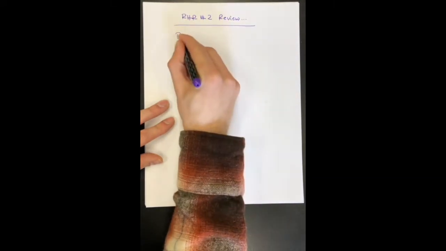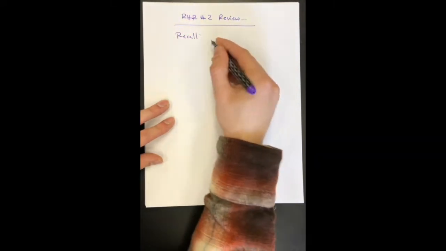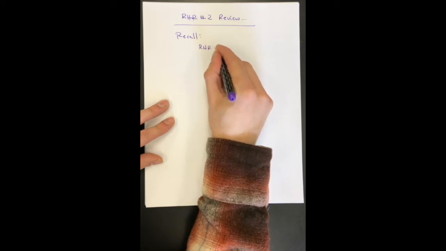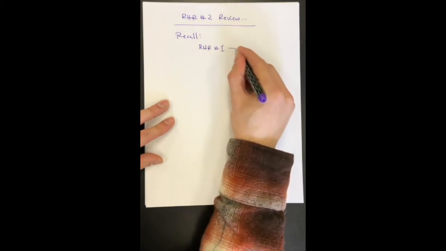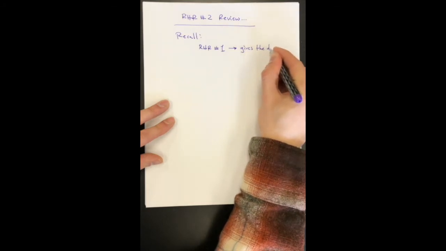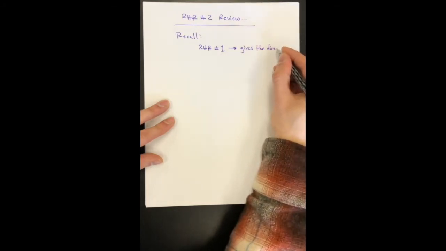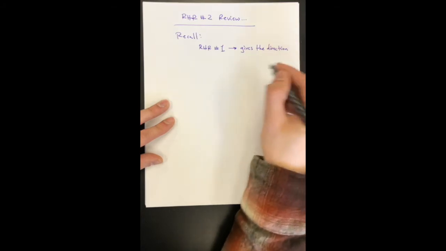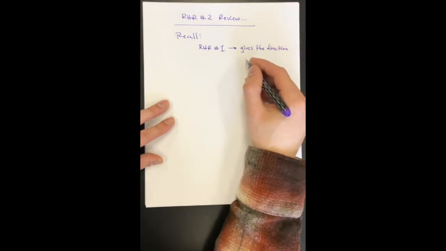So let's recall, of course, that right-hand rule number 1 always gives the direction of any magnetic force on a moving charged particle or on a current-carrying wire.